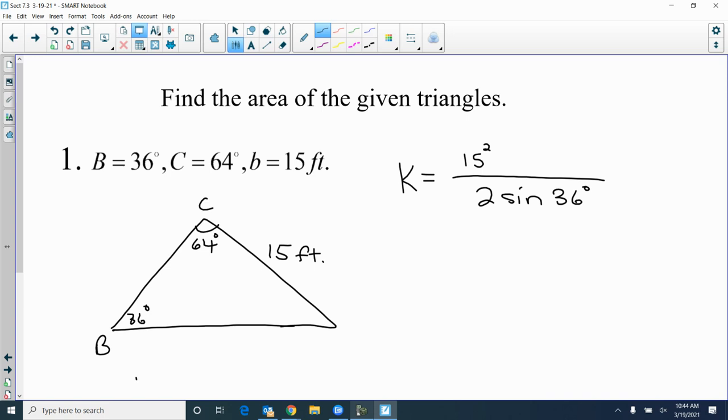Sine of your other 2 angles. We have to find the other one, which is 80. So you've got sine of 64 times sine of 80. And then I believe we got 169.4 feet squared. We good there?